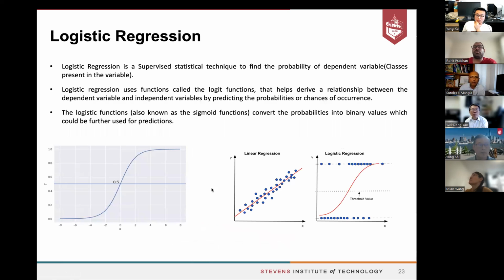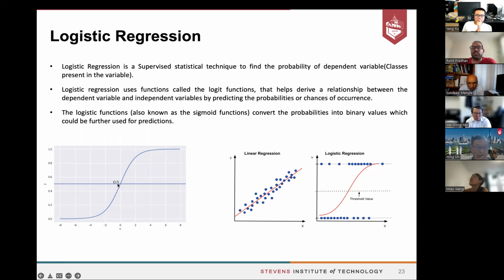So the next algorithm is logistic regression. Logistic regression is a supervised classification algorithm. It is known as logistic regression, and it is used for classification. Basically it uses a logit function or the sigmoidal function, which is the S shape, and this is the threshold value.